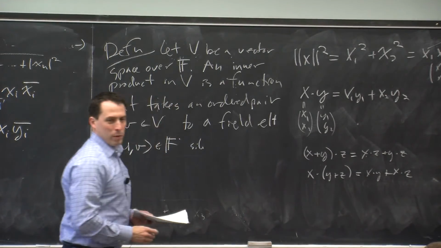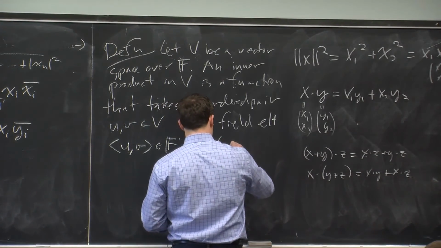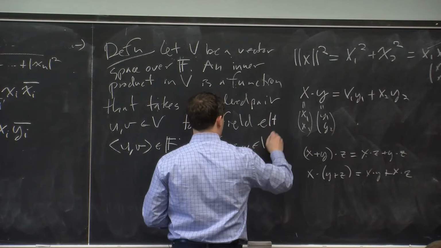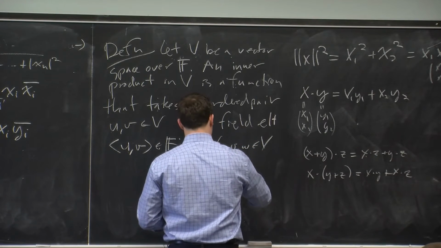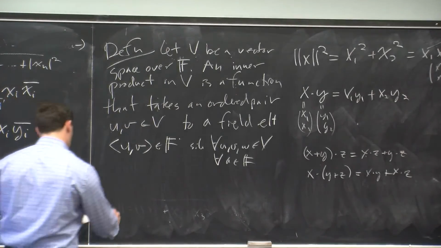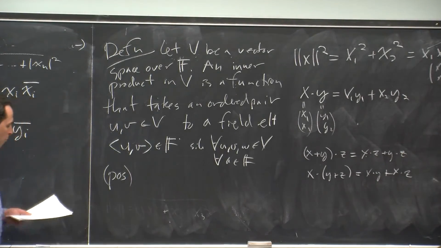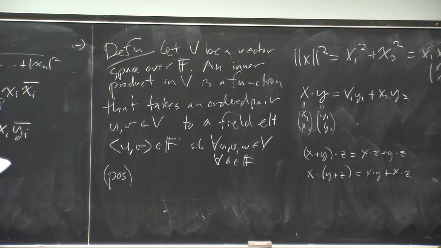And we have some axioms we'd like to satisfy. The axioms are quantified over for all u, v, w in V, and for all field elements a in F. And here are the axioms we would like. First is called positivity. This was the problem that we had to go through this rigmarole to correct.